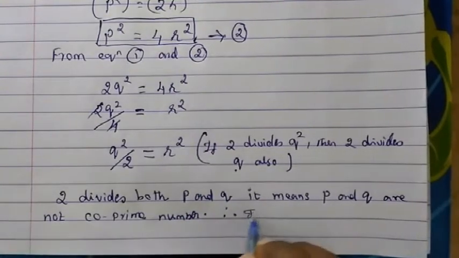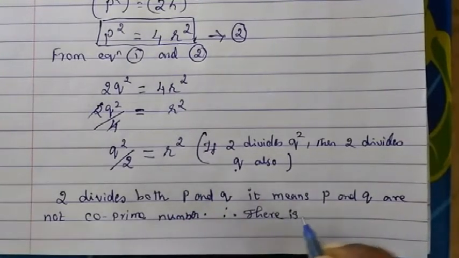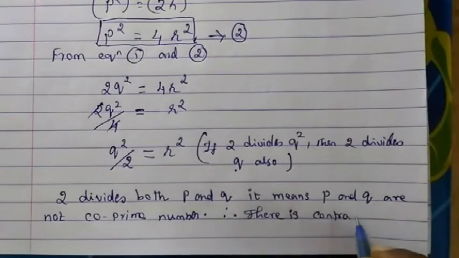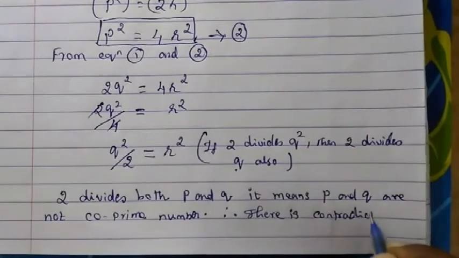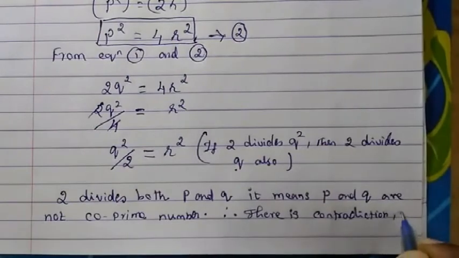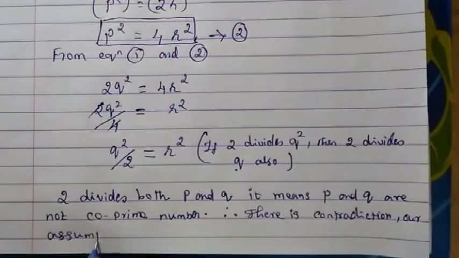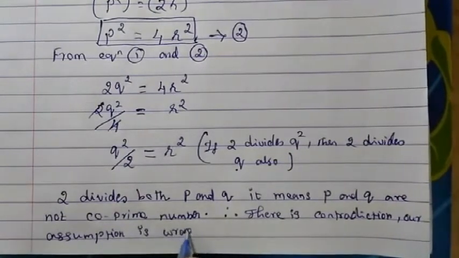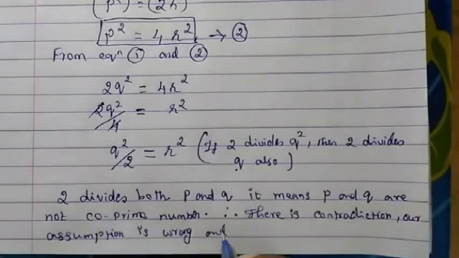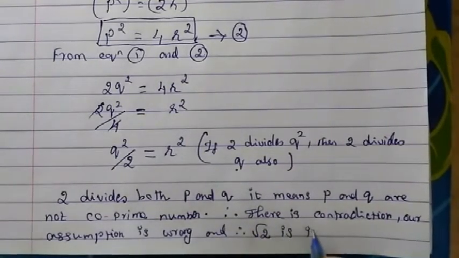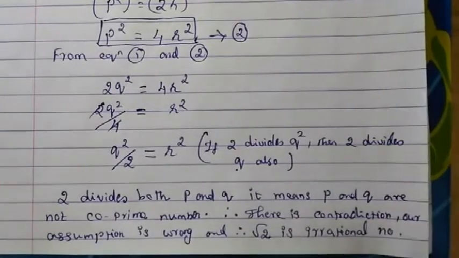Therefore, there is a contradiction, our assumption is wrong, and therefore root 2 is an irrational number.